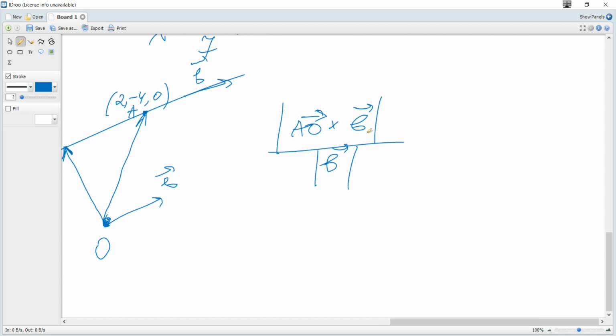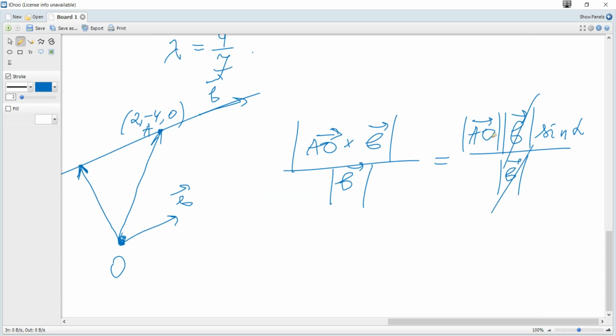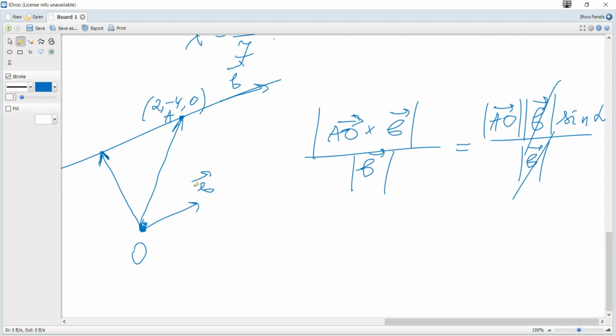And why is it true? What is the cross product? It's the magnitude of AO multiplied by the magnitude of b and multiplied by the sine of the angle between them, and divided by the magnitude of b. You can see it cancels, and we get AO magnitude times sine of alpha. Alpha is here, and the magnitude of AO multiplied by sine is this distance, which is the required distance.